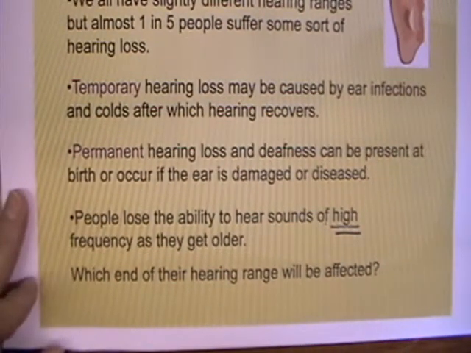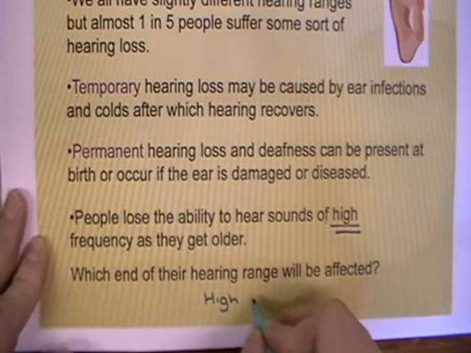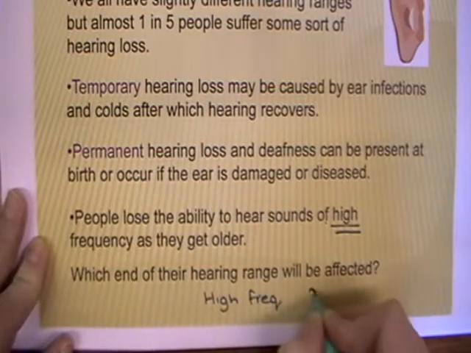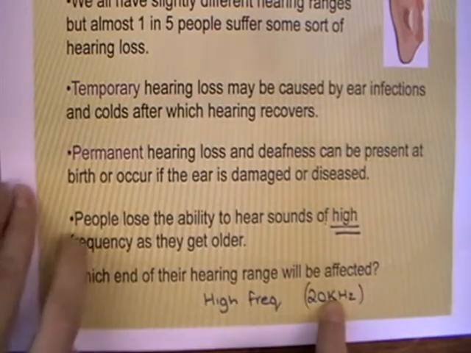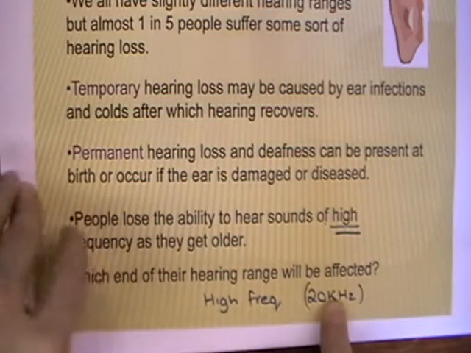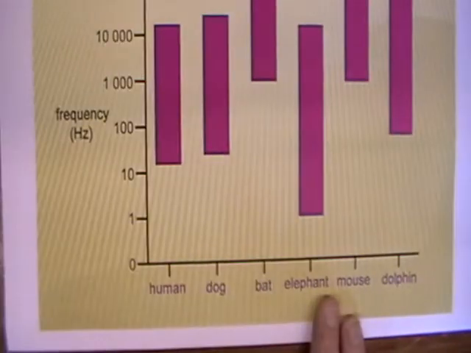So I wouldn't be able to hear sounds of high frequency as you are. It's the high frequency end, the 20 kilohertz end, that would be affected. So I would be able to hear up to a lower frequency than that. You should probably be able to hear up to about 20 kilohertz.